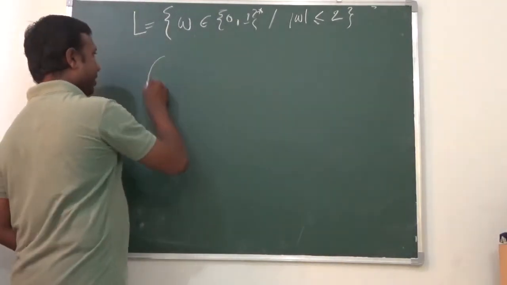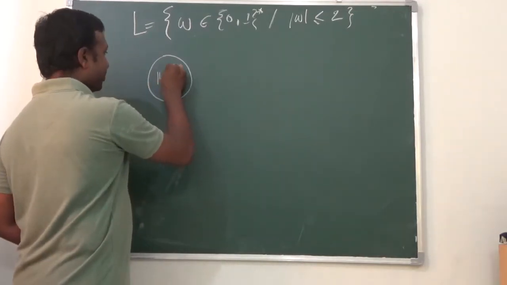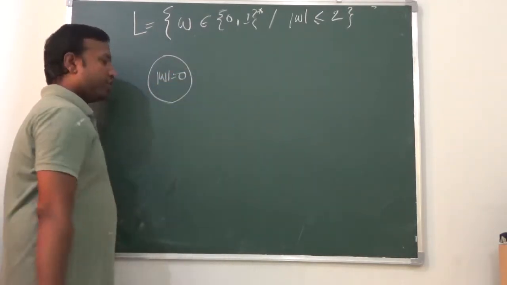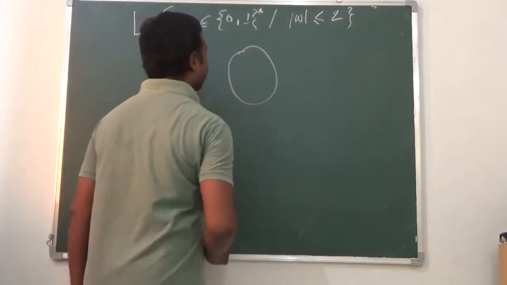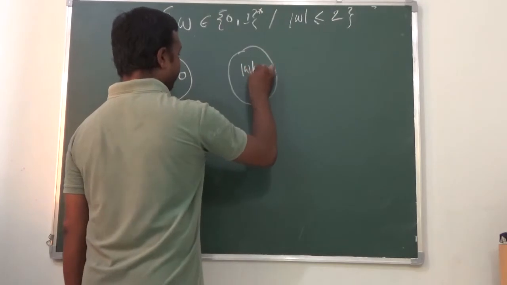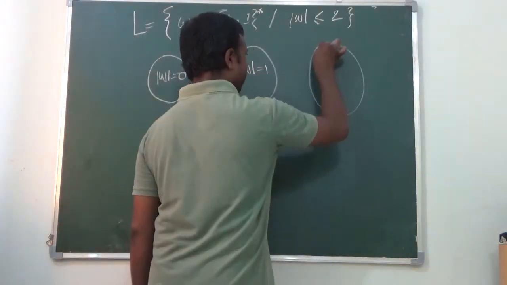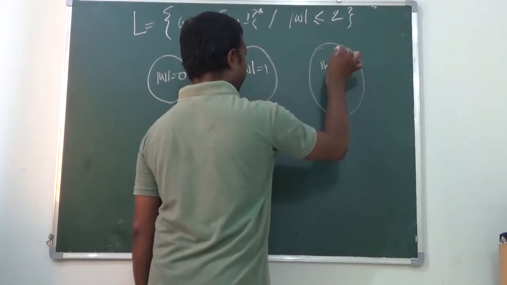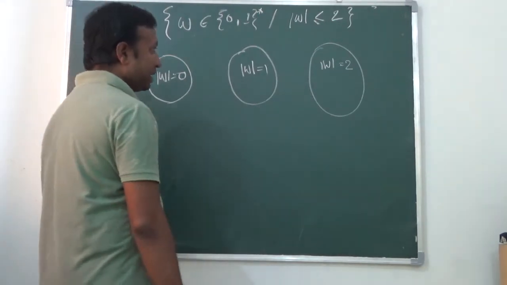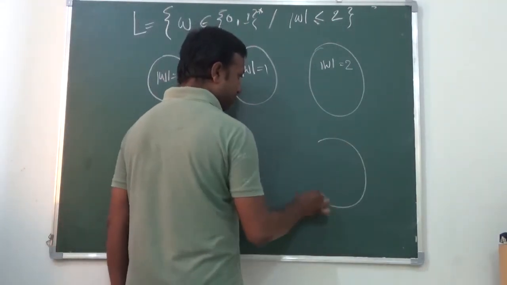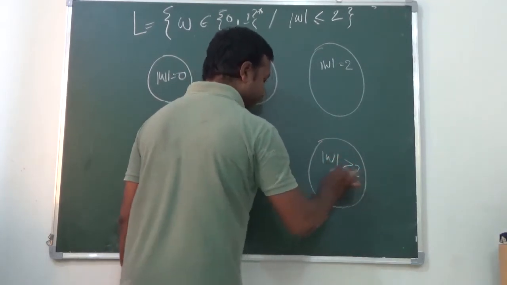So here again the terminology which I am using is length of this is equal to 0. So length is 0. Here we say length is obviously equal to 1. The length of W is obviously equal to 2, and length of W is greater than 2.